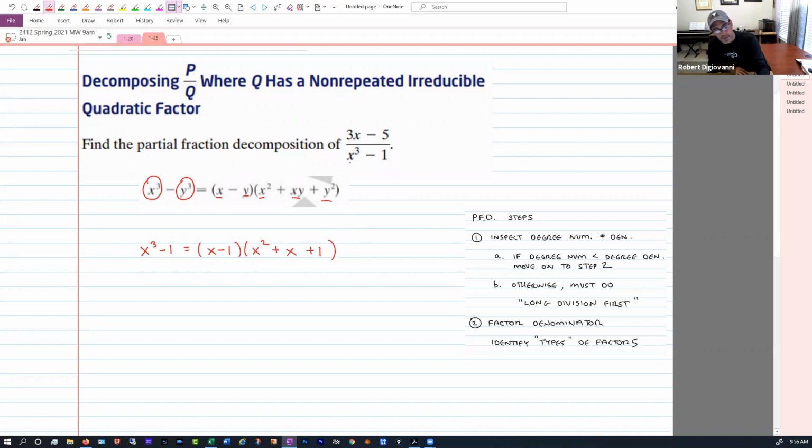Just keep in mind here, the x is x and the y is actually the 1. So all I'm doing is rewriting this formula, replacing all the x's with x and all the y's with 1s.